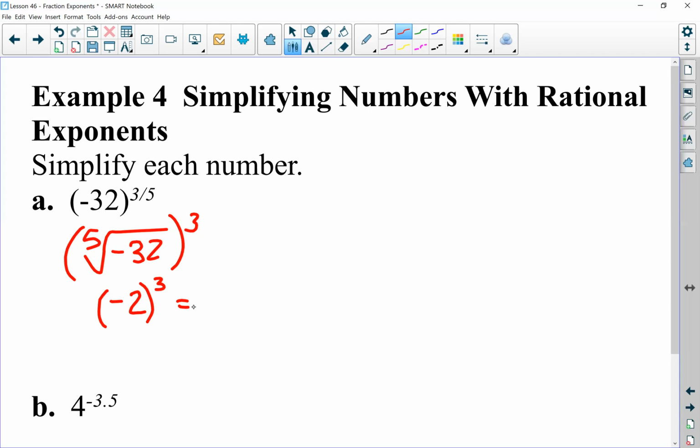And then if I cube -2, I get -8. If this was an even power, like -32 to the 3/4, that would not be a real answer, and we're not going to deal with that right now.